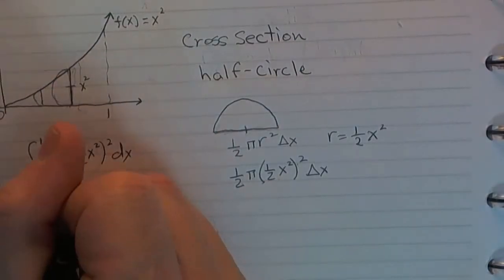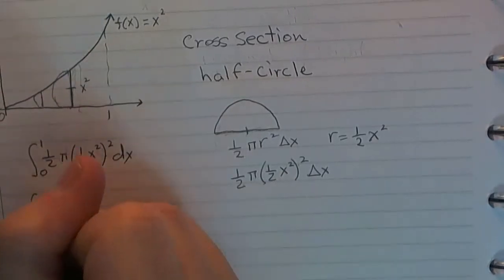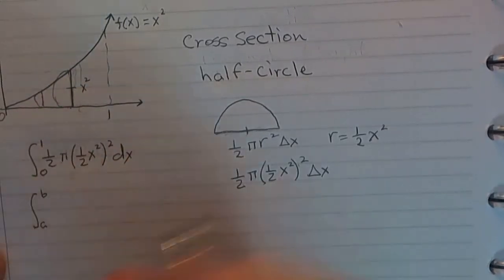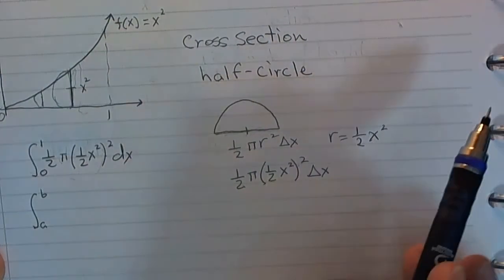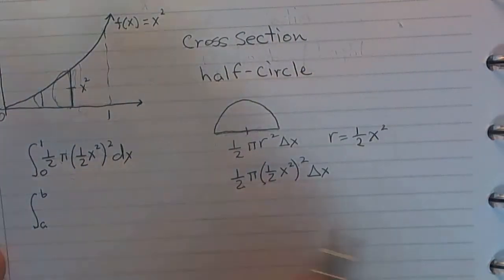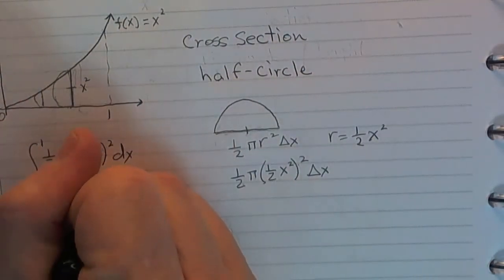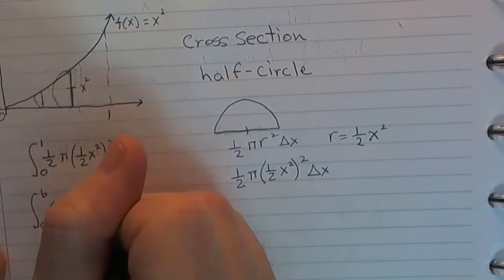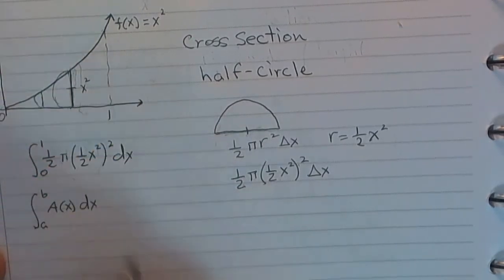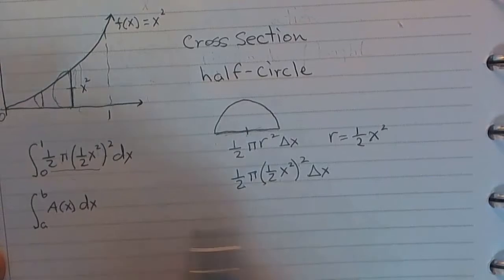You can think of it this way: I'm integrating from a to b, and in this case, a is 0 and b is 1. I'm taking the area of that cross section and just integrating it.